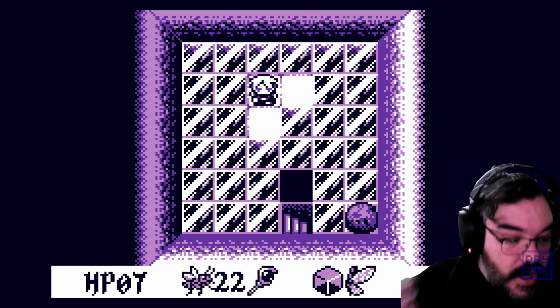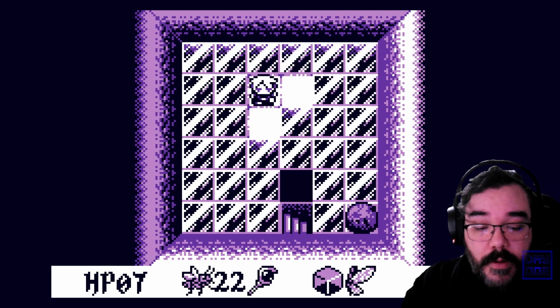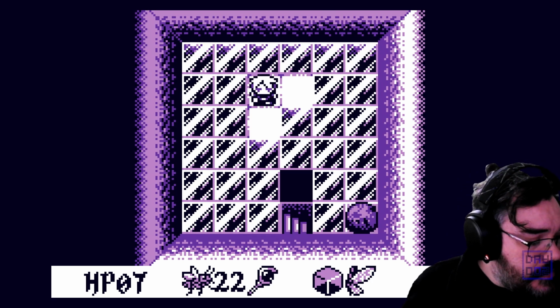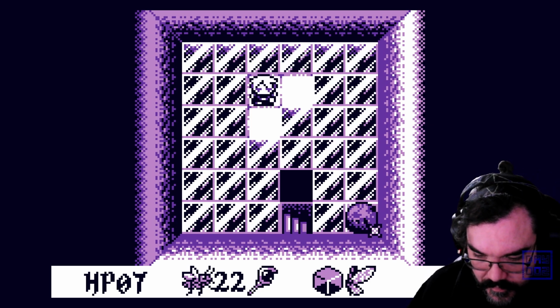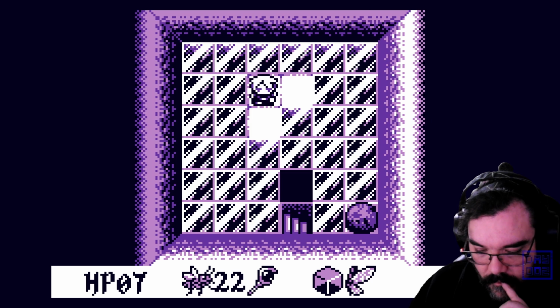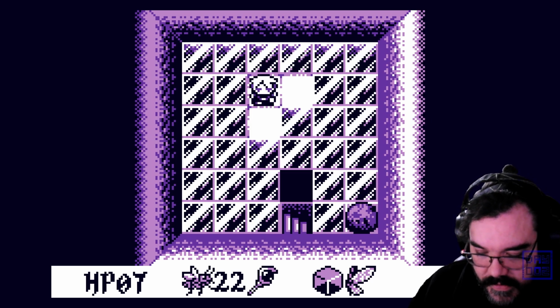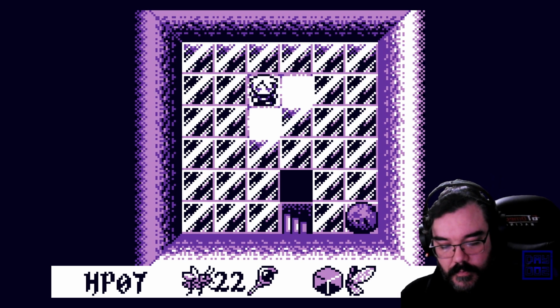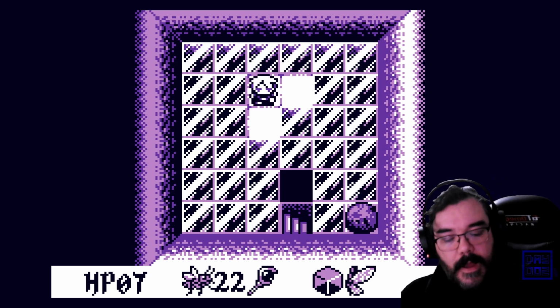Although, we know it's definitely not touching right at the bottom, because there's a hole at the bottom. So what I'm going to assume that means is that there's a connection at the bottom, and it's the only one. I don't know, though.